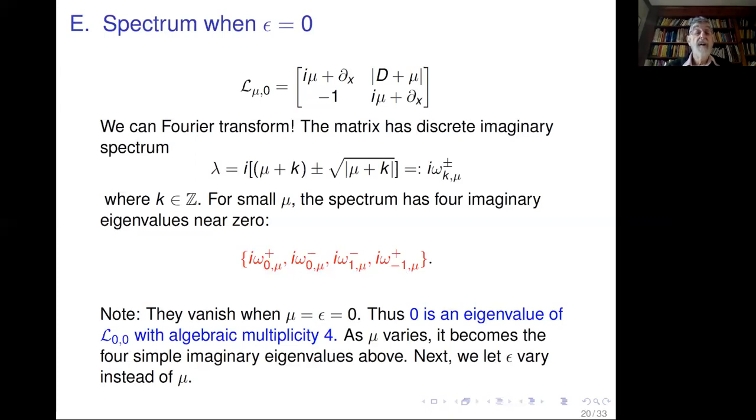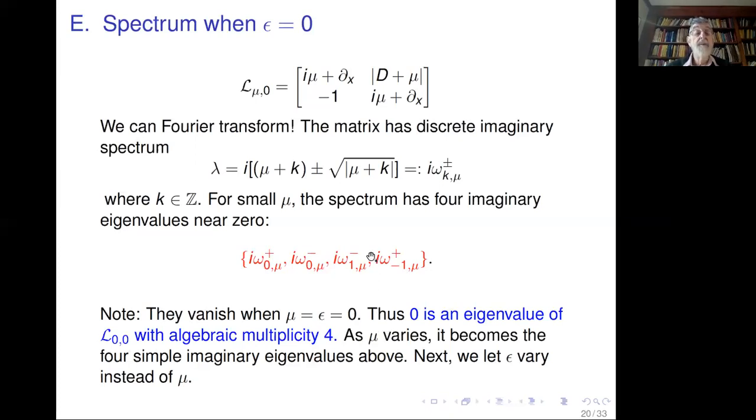Now, if both epsilon and mu are 0, so now you even simplify this further, these 4 guys just shrink to be a 4-dimensional eigenspace. The null space, that generalized null space, is 4-dimensional.